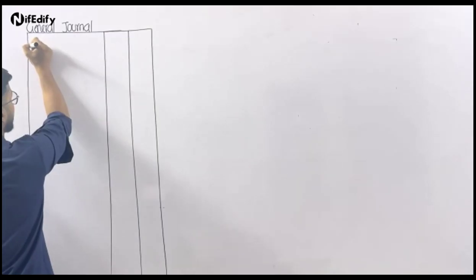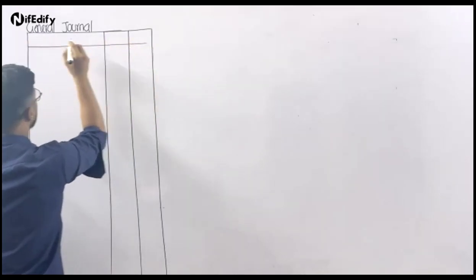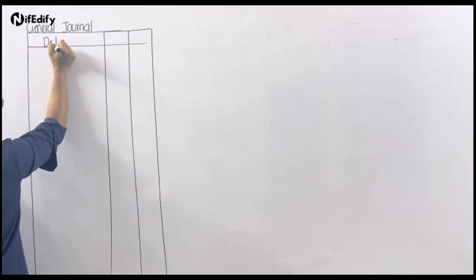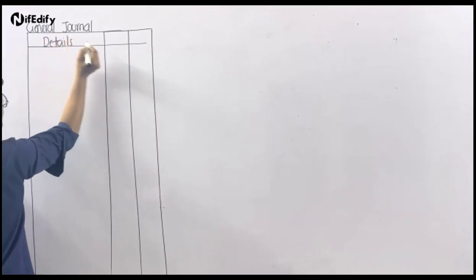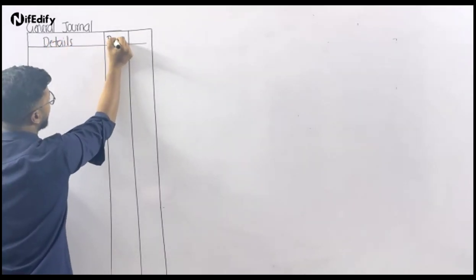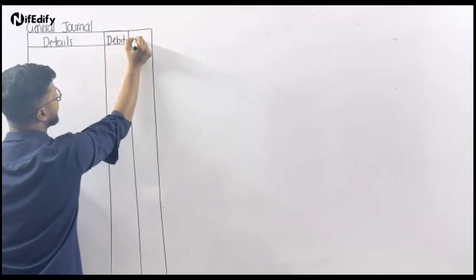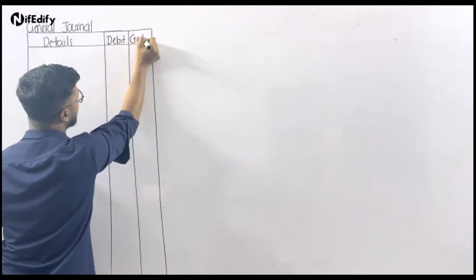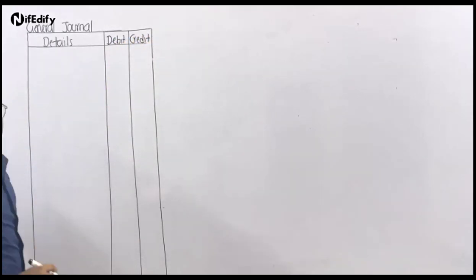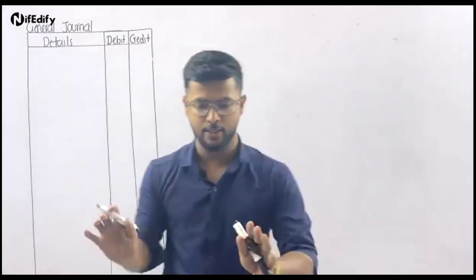Details, debit and credit. That's basically the general journal.